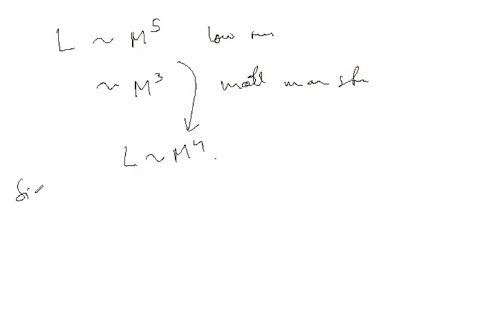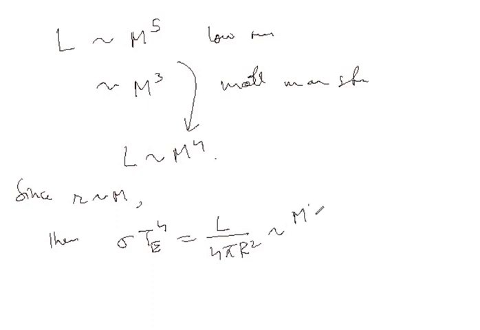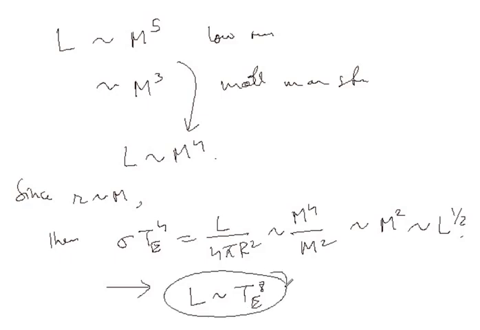Now since R is of the order of M, sigma Te to the power 4 is equal to L by 4 pi R square, and this scales as M to the power 4 by M square, or M2 or L to the power half. What does this mean? This means L is proportional to T to the power 8. Hooray! Again, we have reproduced what has been observed.